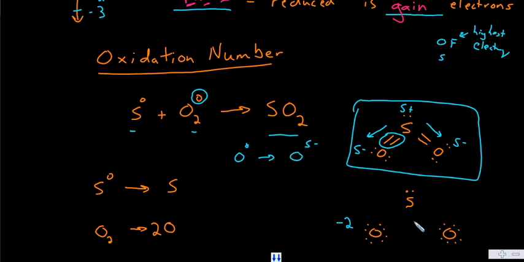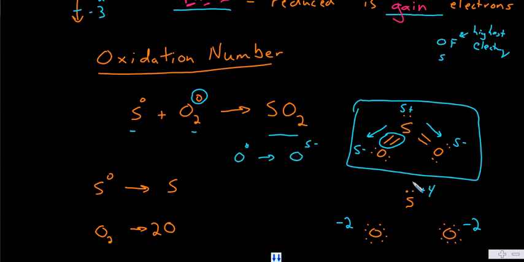Or we'll say that its oxidation number is -2. Because it has 6 protons and now 8 electrons, it has 2 more electrons than protons. And then sulfur has 4 fewer electrons than protons. And so we'll say that its oxidation number is +4.